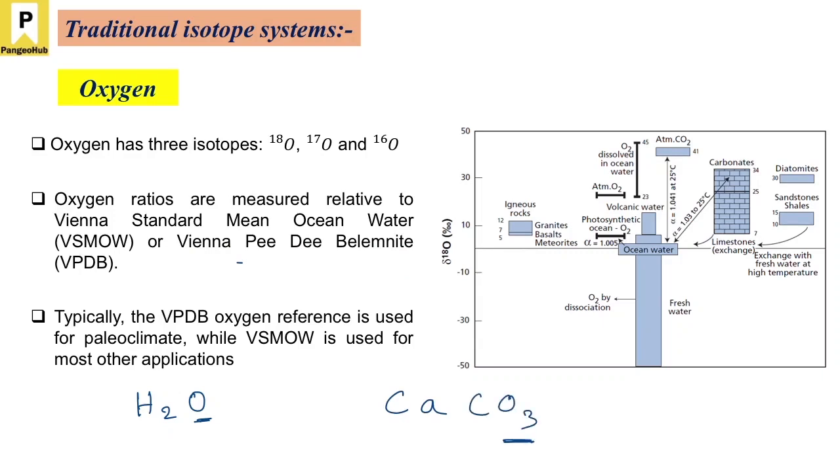So this oxygen is present in both VSMOW as well as PDB. In questions it may be asked to convert PDB into VSMOW or VSMOW to PDB, so we have to find a generalized formula to deal with this.